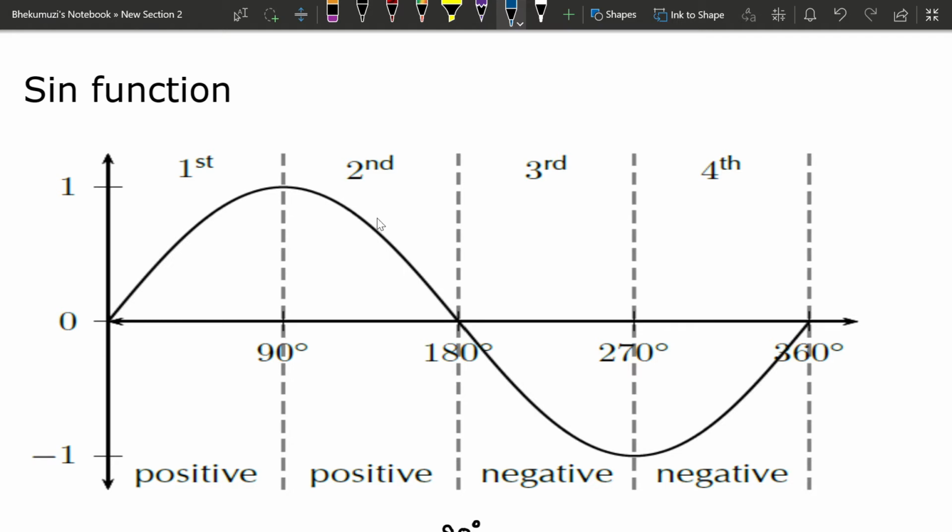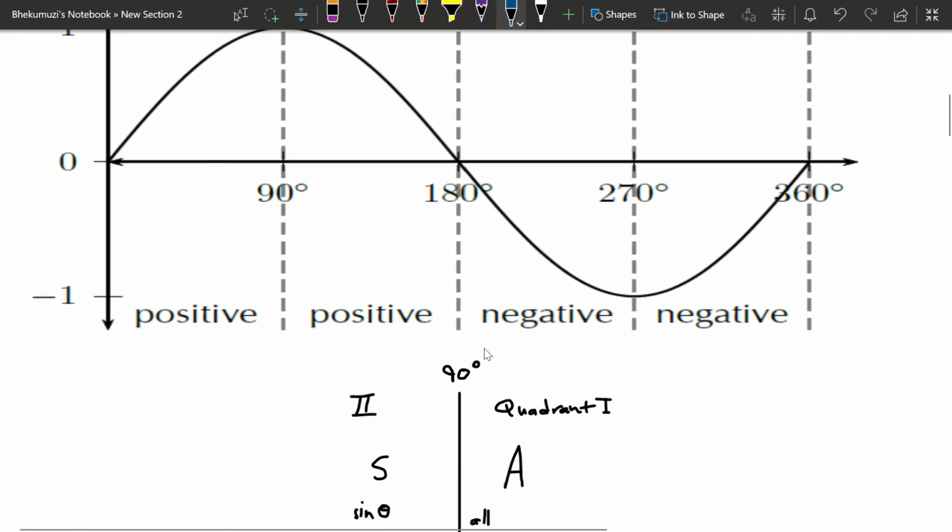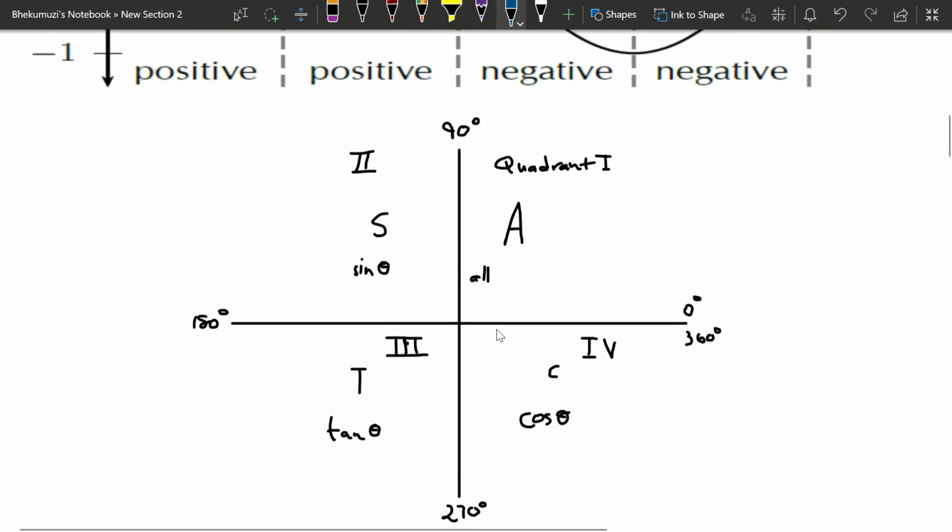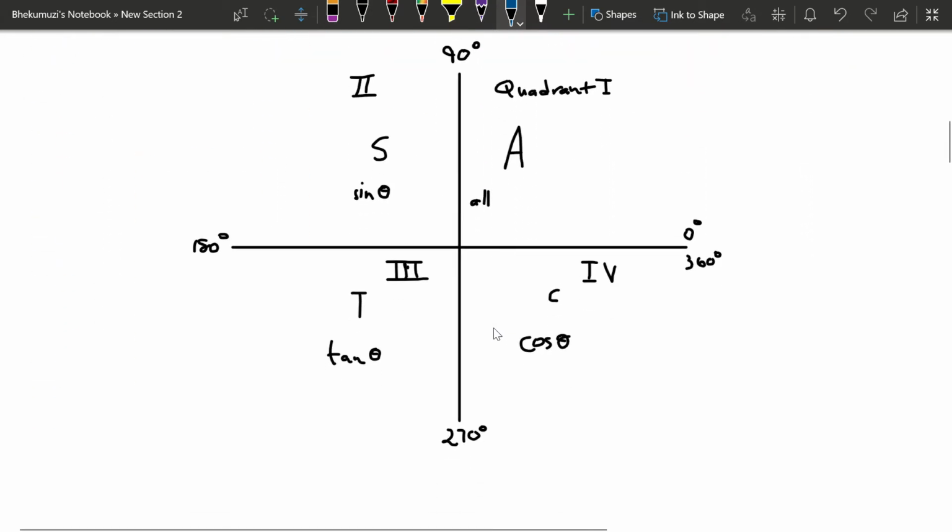In the second quadrant, sine is also positive. Then once the graph gets to 180 to 270, it's negative, and from 270 to 360 it's still negative. So this is just an illustration of what we need to talk about, and this is about reduction formulas.